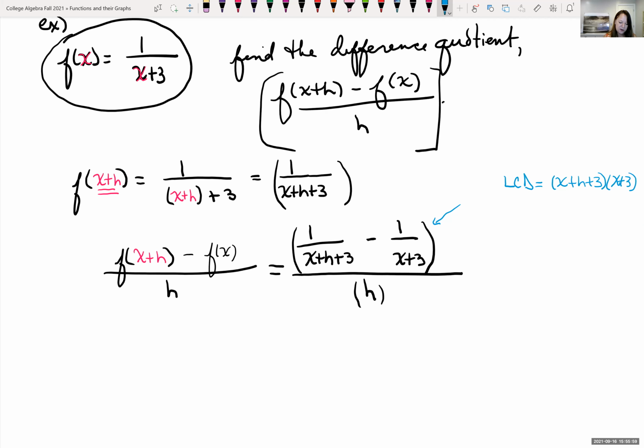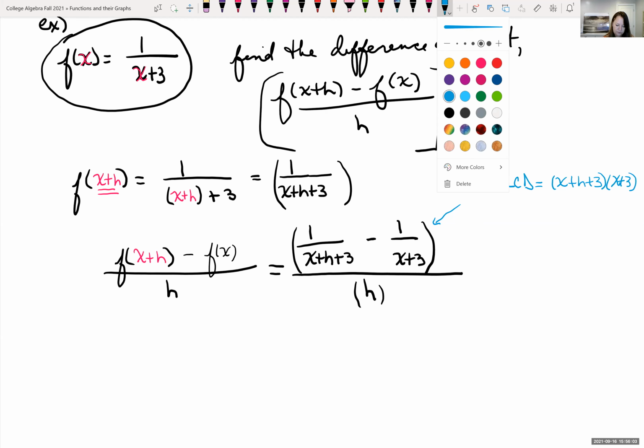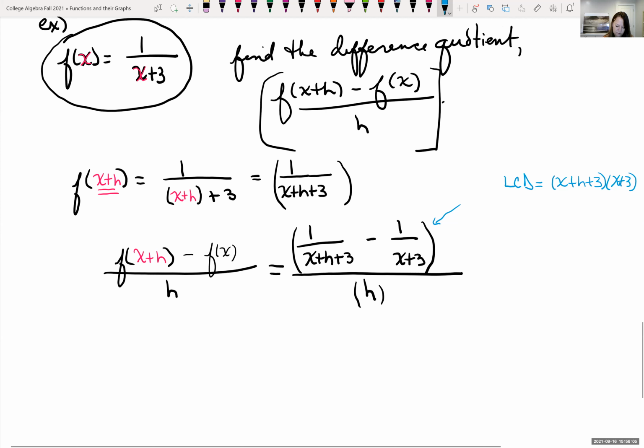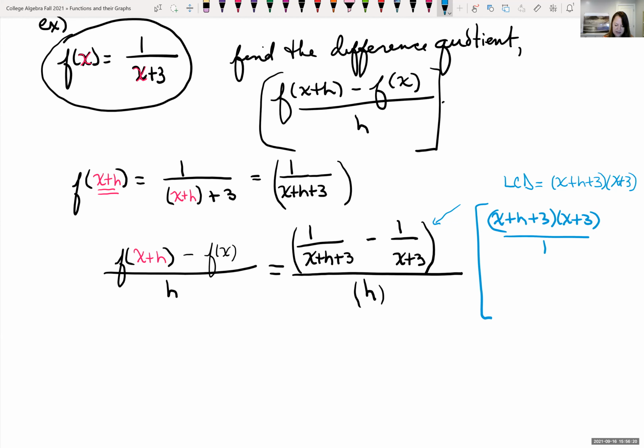So we're going to multiply this by a fancy one, and that fancy one is going to be that LCD over the LCD. It helps to write that LCD over 1, at least for the numerator in this case.